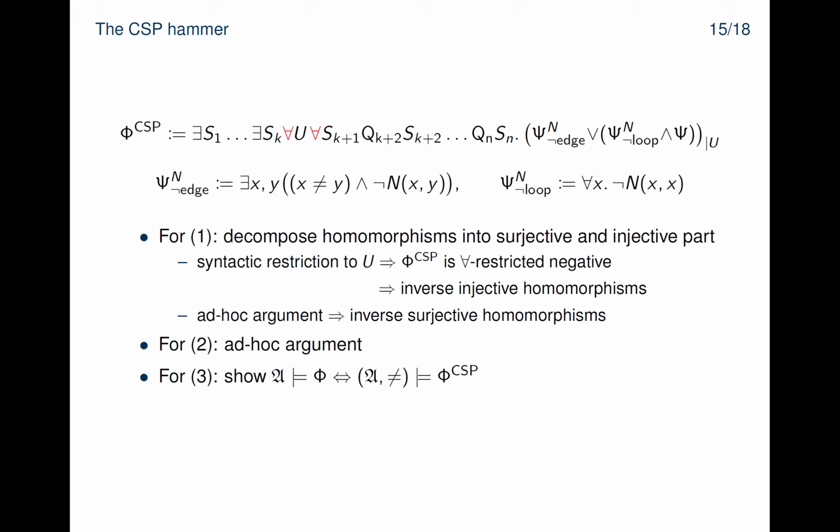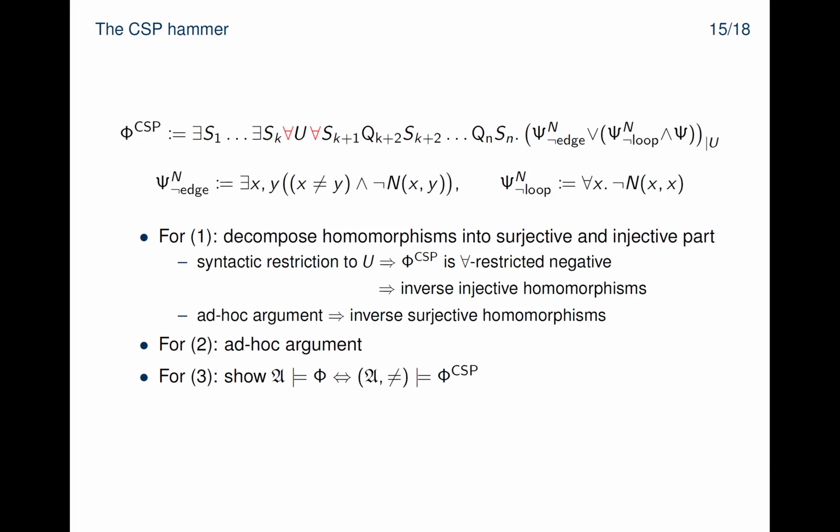And then we can show that there is a polynomial time reduction from satisfiability of phi to satisfiability of phi CSP, and this reduction just expands a structure with inequality. This is very similar to what was happening before in this old proof.